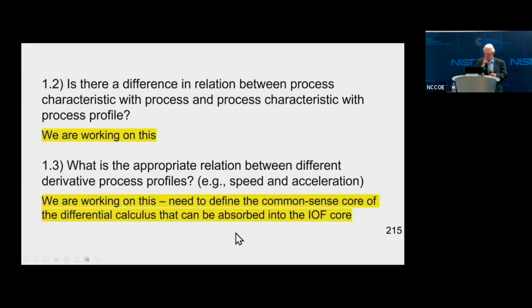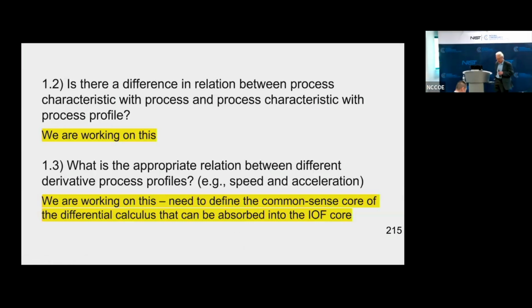Now, where this all started was the following. There is a very important area where we have many important process characteristics which have a very important role in all kinds of engineering contexts. Namely, they are process characteristics which involve the idea of rate or rate of change.